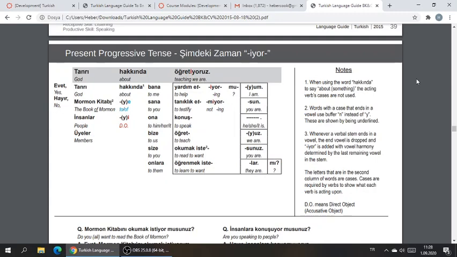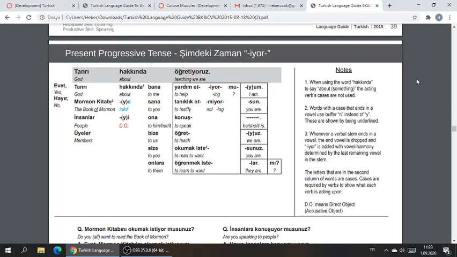Okay, so all you have to do for this form of conjugation is you take the stem, here it is öğret, and you can see that down in the middle of the box in the middle of the page. Öğret is the stem or the root word without mek, right? If you want to say to teach, it would be öğretmek, right? So you take off the mek and you just are left with öğret.